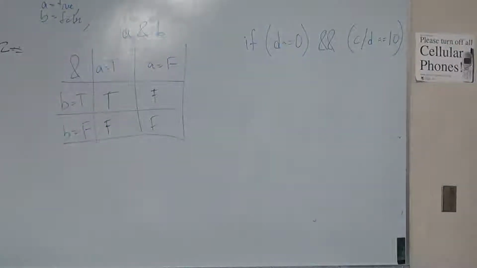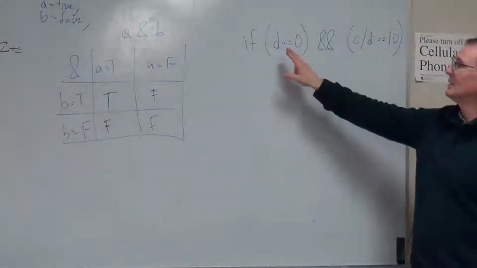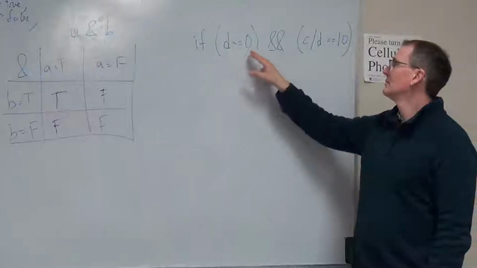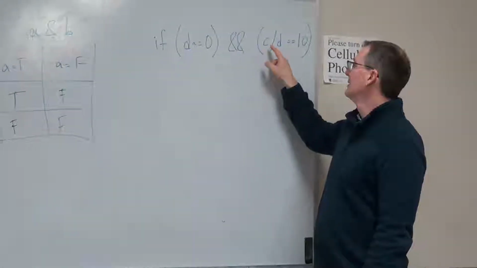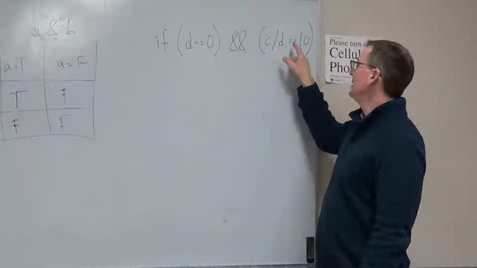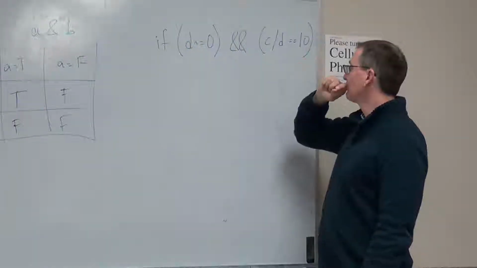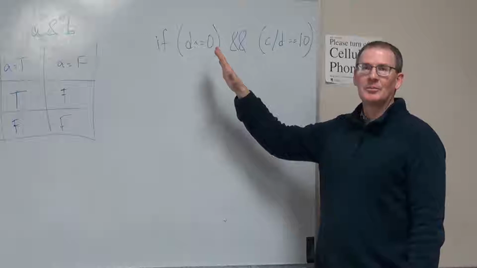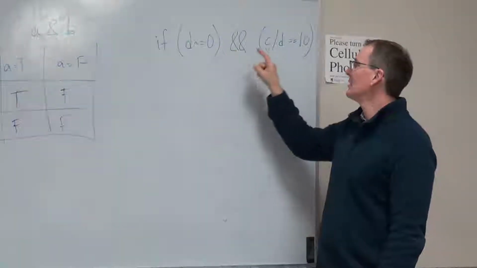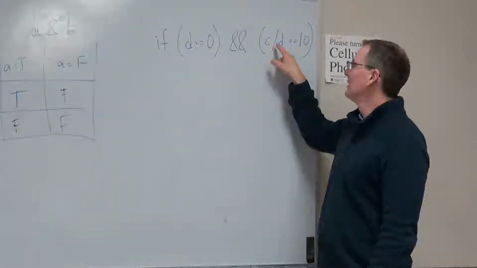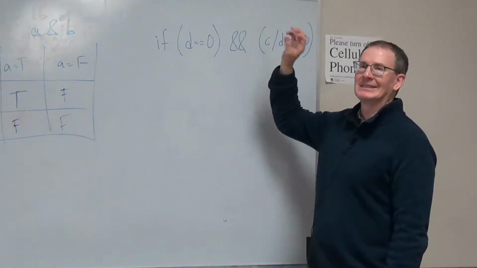Okay, can you see what I've written? If d is not equal to 0 and c divided by d is equal to 10. Okay. Think back to order of operations. What's going to happen first? Anything arithmetic.